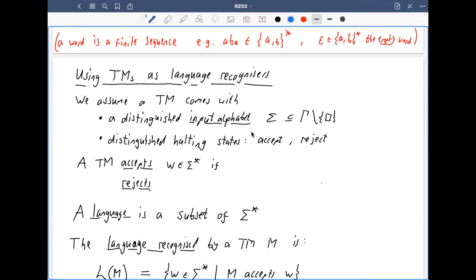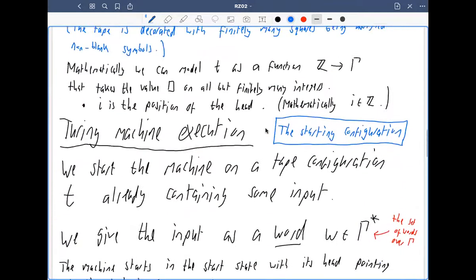And in order to do that, normally we don't just have the tape alphabet, but we look at a particular distinguished subset of it, which we call the input alphabet. So this is the alphabet from which we're interested in forming the input words.